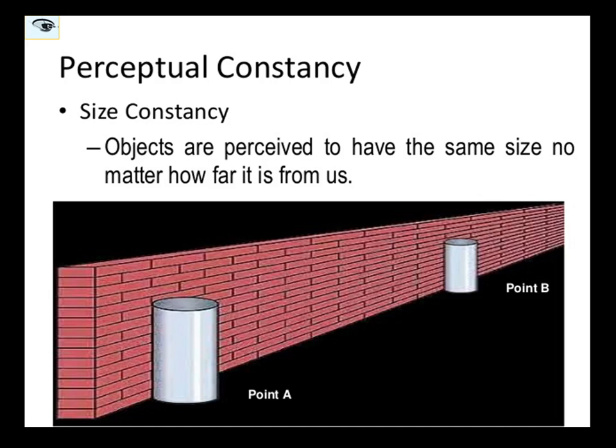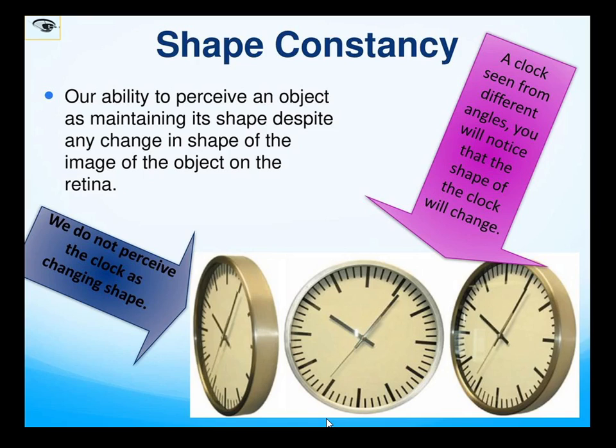Now we move on to the next topic, which is shape constancy. Shape constancy is our ability to perceive an object as maintaining its shape despite any change in the shape of the image of the object on the retina.